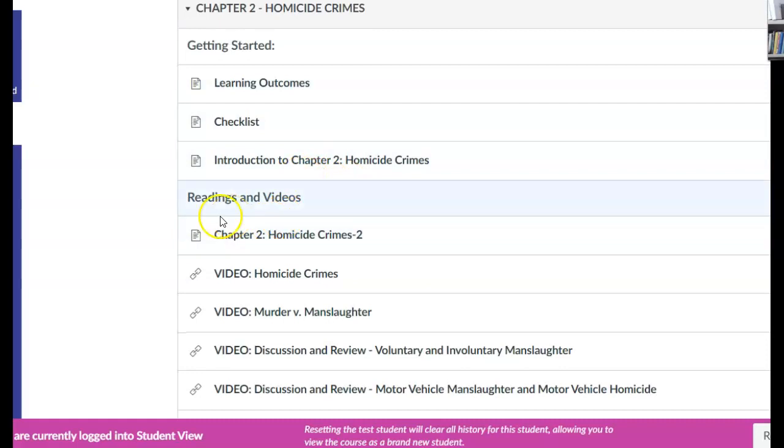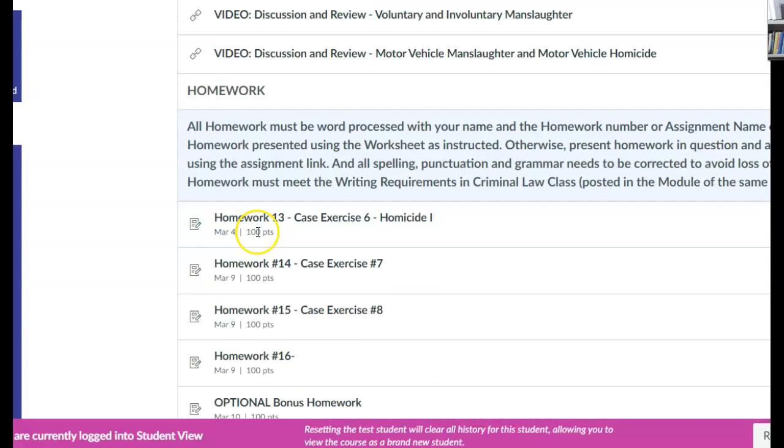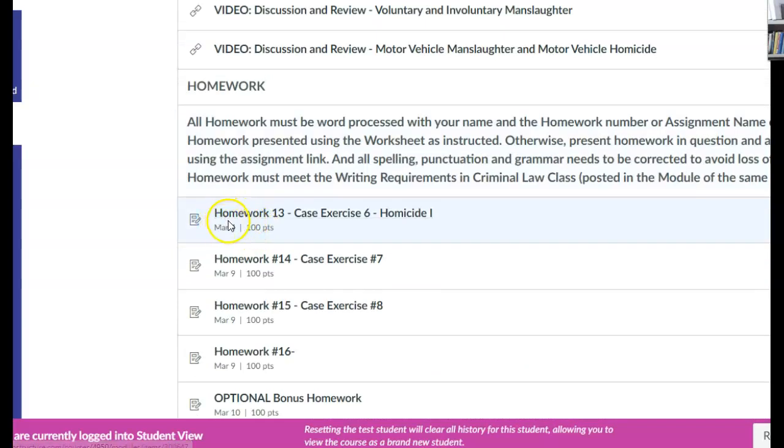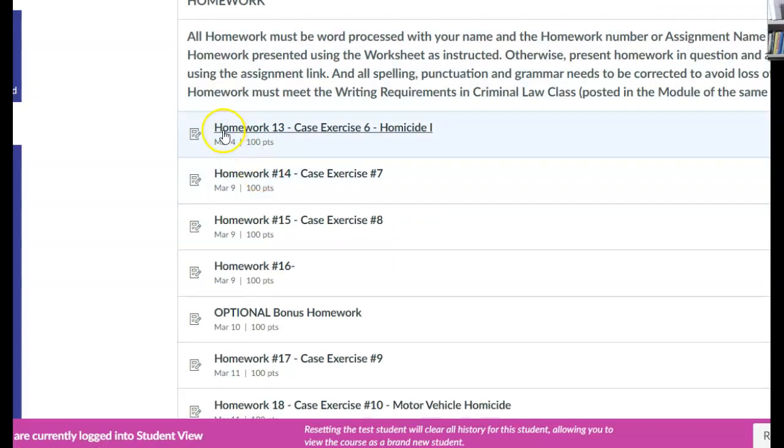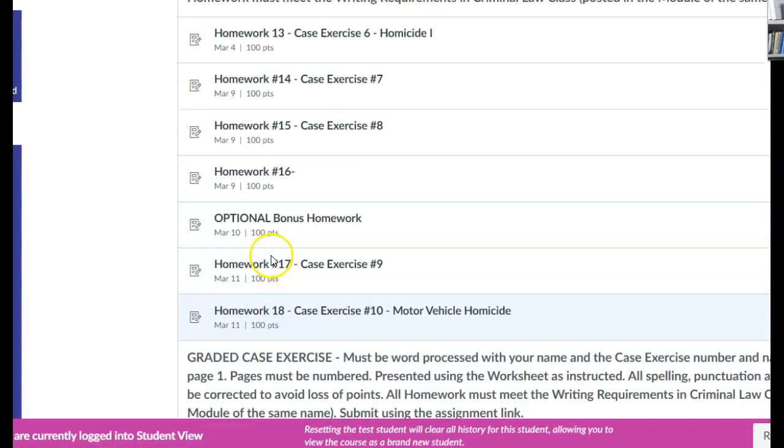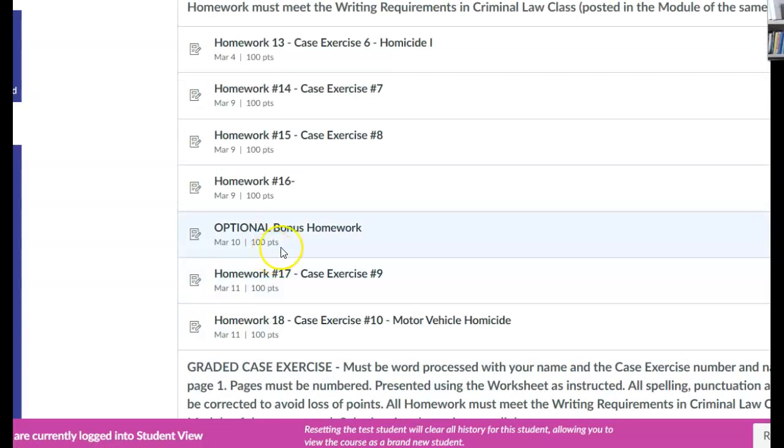So the textbook obviously is here, always as the first item in the readings and videos section. We will be looking at the textbook as I take you along this journey. All of the homework for Chapter 2 is now posted and available in Chapter 2 modules.